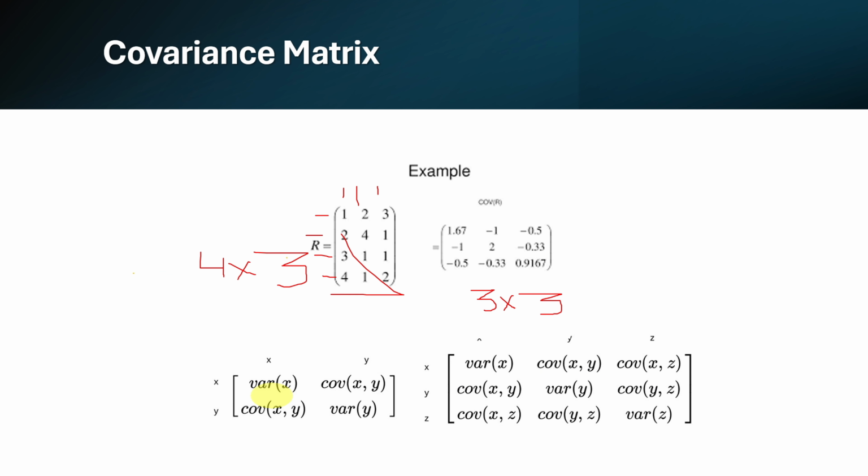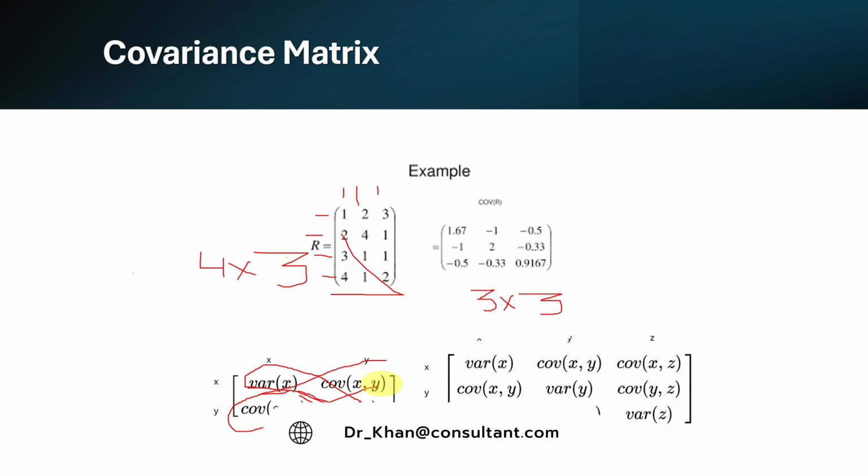If we write it in a descriptive form, that is your diagonal, and this is your off diagonal. On your diagonal, you will always have variance. On your off diagonal, you will have covariance.